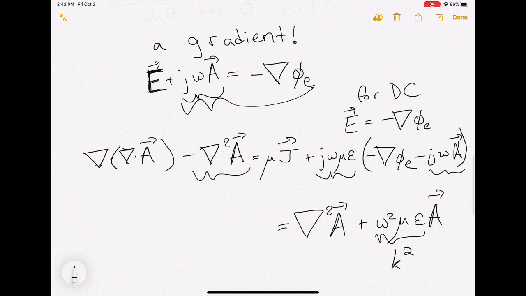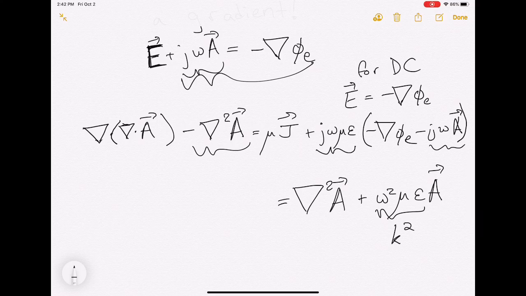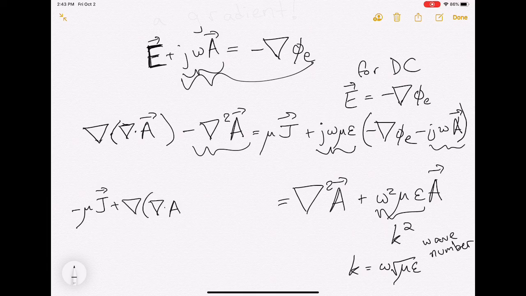You've met the wave number before in your electromagnetics course, where k is omega square root of mu epsilon. And then on the left-hand side, what do we have? We've got minus mu j plus the gradient of the divergence of A plus the gradient of j omega mu epsilon times that scalar electric potential.